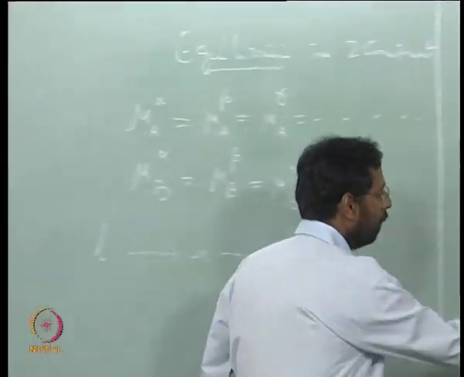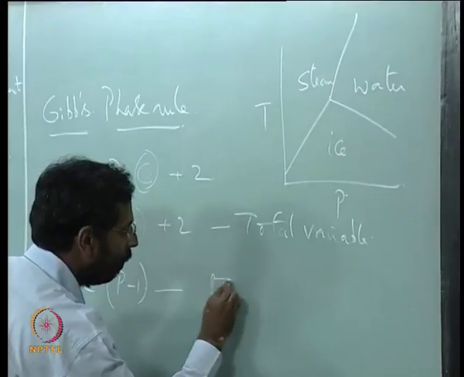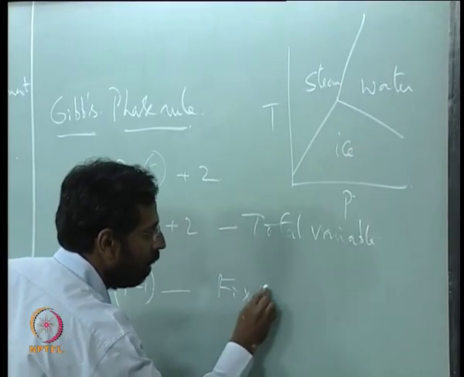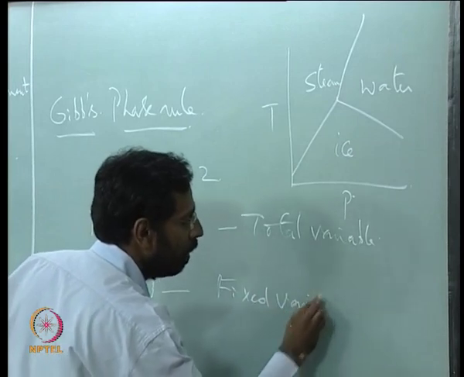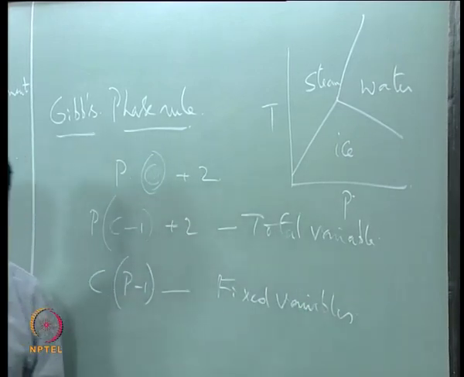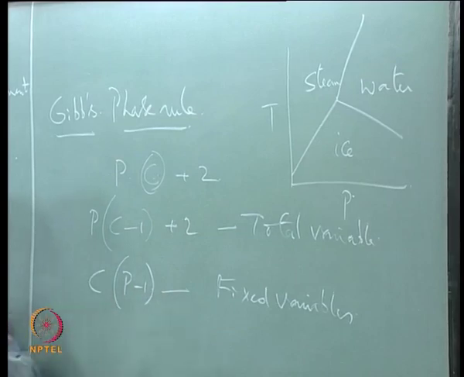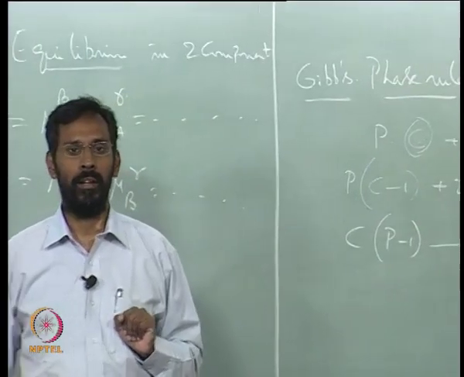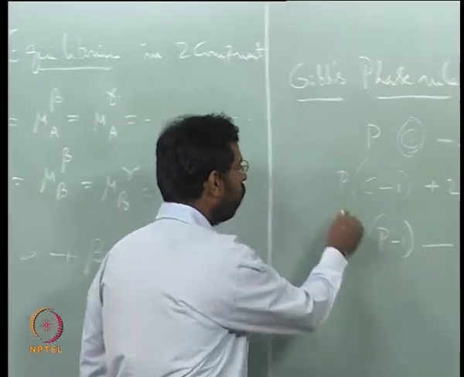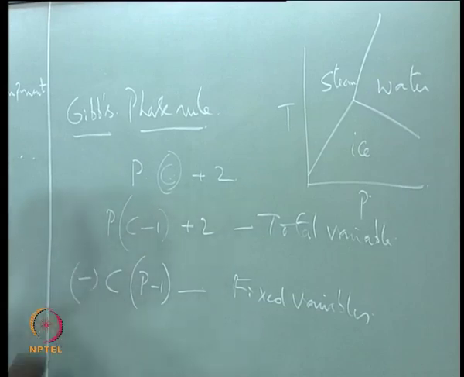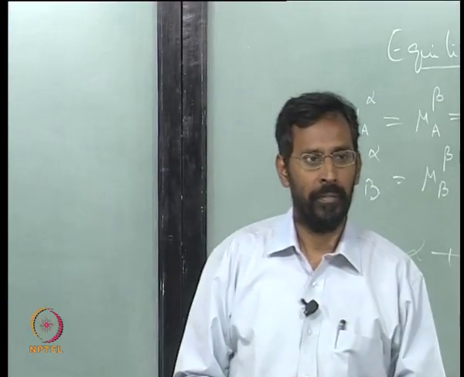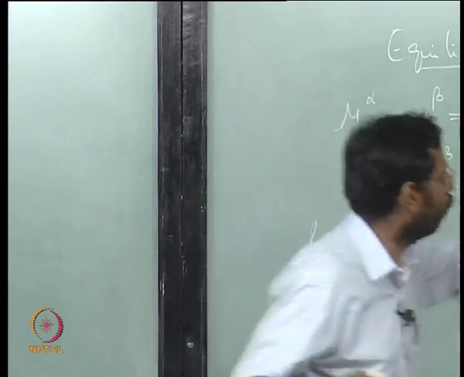So, that means this becomes kind of fixed variables. For each component P minus 1 I need not define, and once I do that, this minus this would give me the number of variables that need to be defined for a given system. This is the total number of variables.